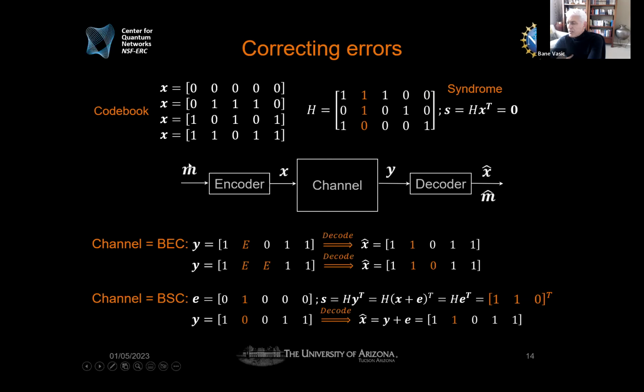But now let's suppose that I transmit a code word X through a channel, and let's say it is a binary erasure channel. So some of the bits in Y are erased. Let's suppose that the second bit is erased.